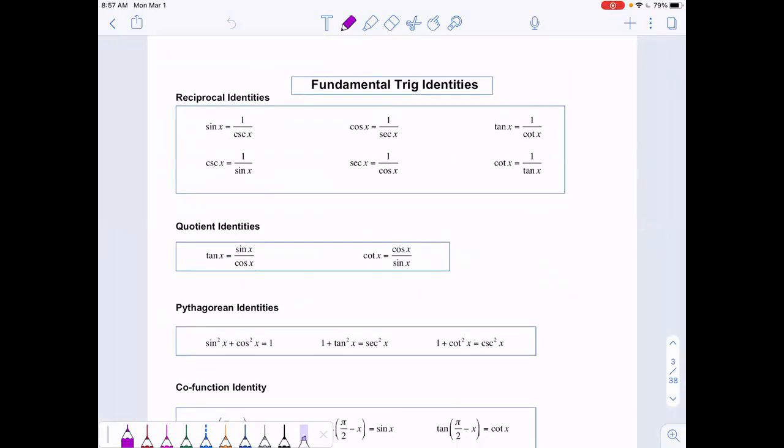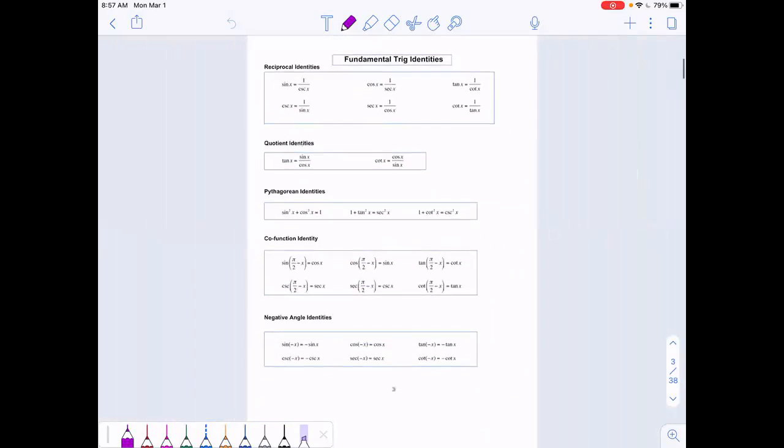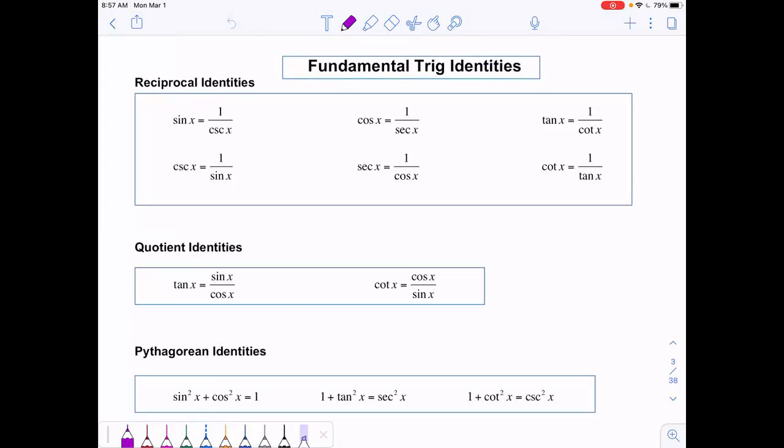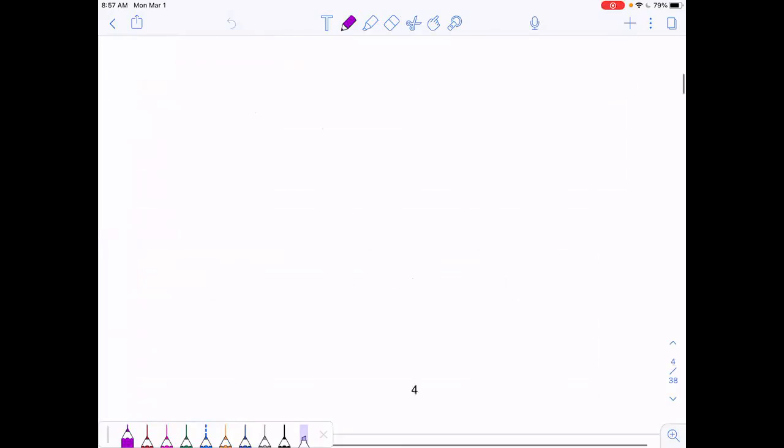I strongly suggest splitting your screen and screen capturing this, then pulling it up on the side of your screen so you have it to look at. Or if you filled out the study sheet I attached to Friday's assignment, take a screenshot of that and put it on the side. I suggest keeping these identities on the side of your screen because you're going to visually want to look at them until you get used to using the identities and the expressions that we work with.